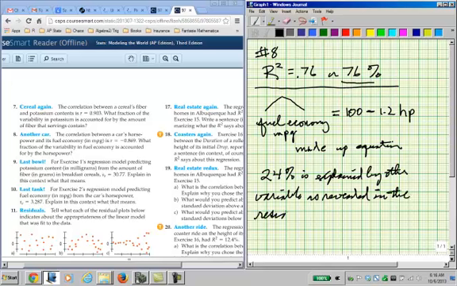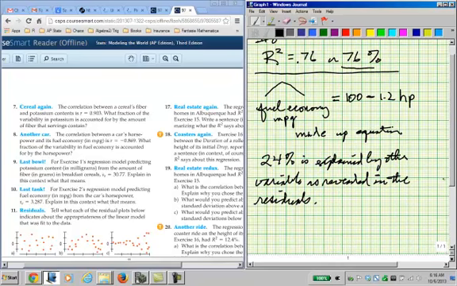And the residuals, e is a symbol for one residual, equals y minus the estimated y.